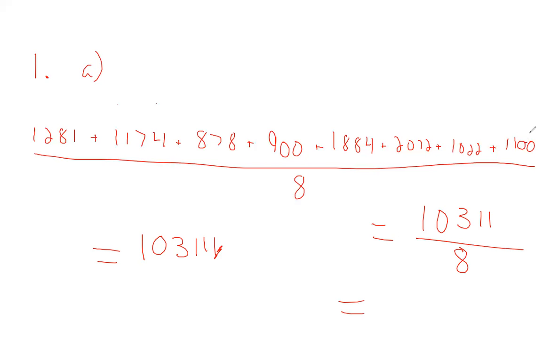It would be more like 10,000. So divide by 8, and we find the average would be $1,288.88. Round up. So that's our mean for problem A.